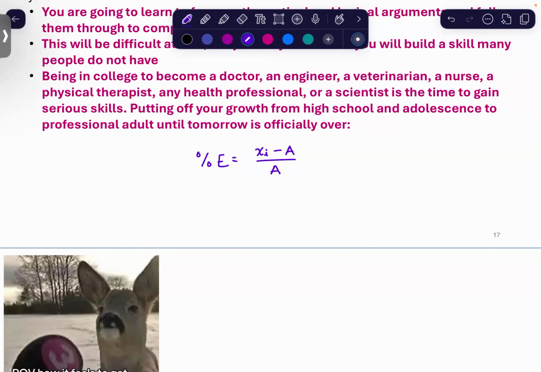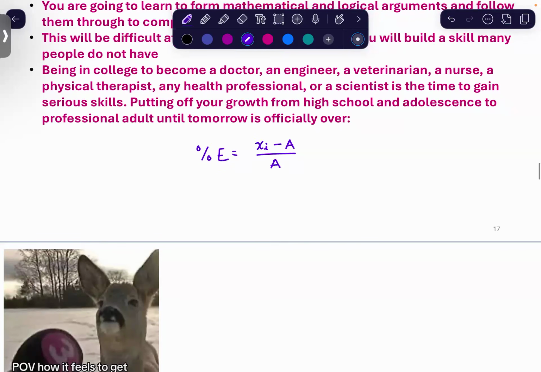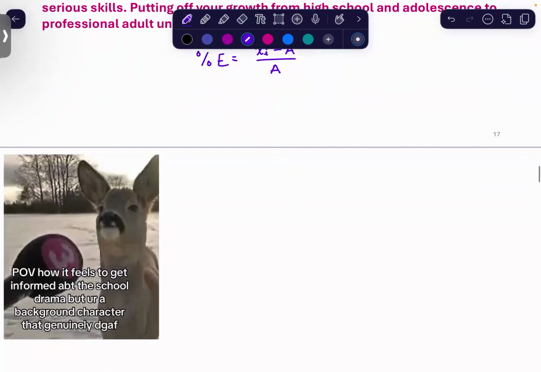But how do I know that it's appropriate then to put the mean value in here? Okay, so let's ask ourselves what a mean value is.